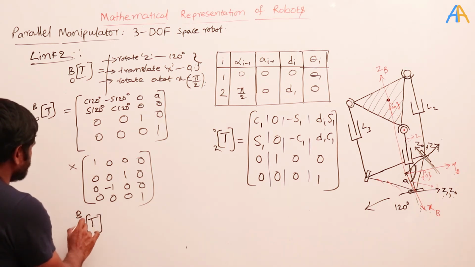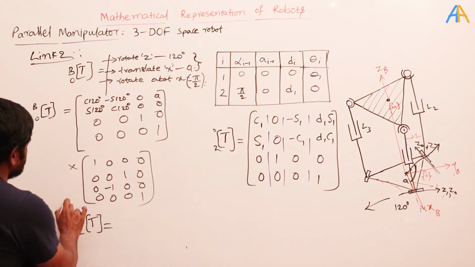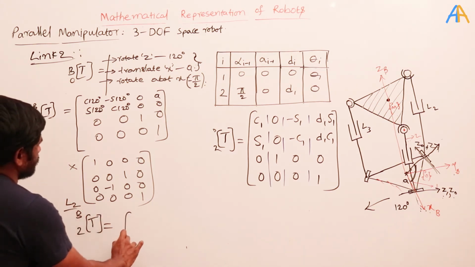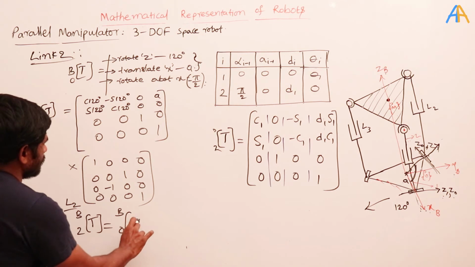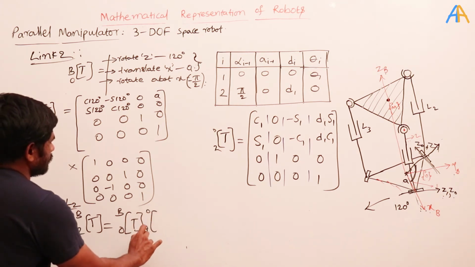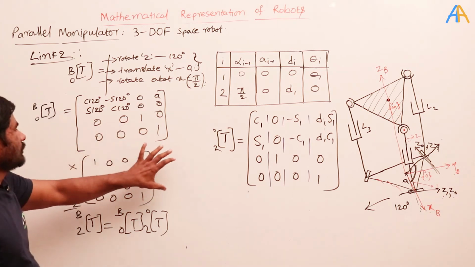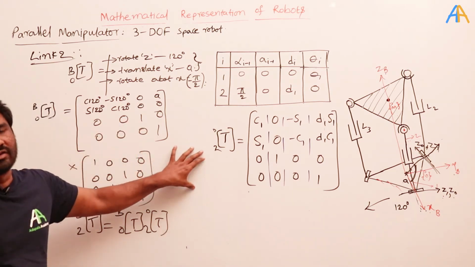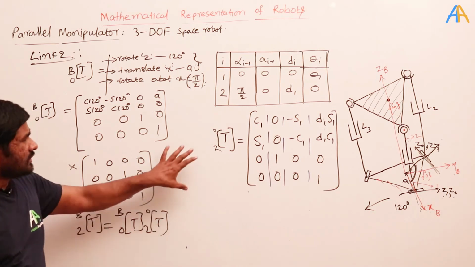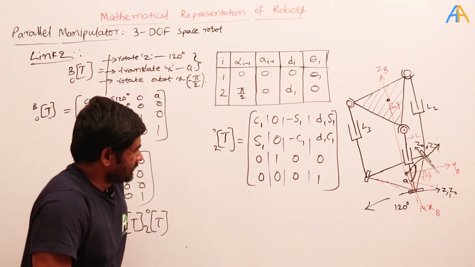This is link 2, so this is b0 multiplied by 0 to 2. Okay, you multiply these two and you find that. I will write down the final answer, you compare with that. Okay, this is what link 2 is.